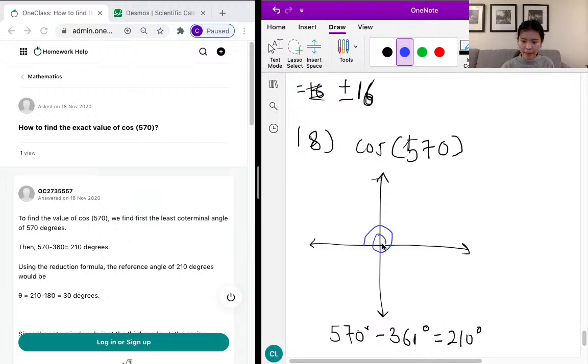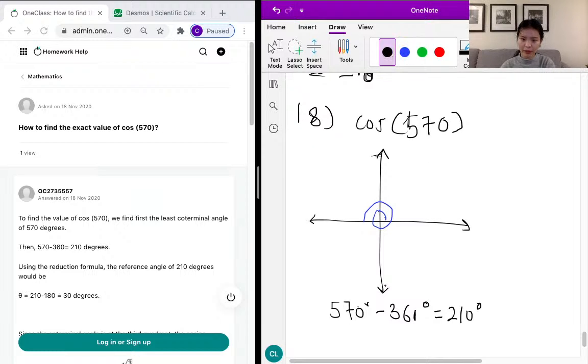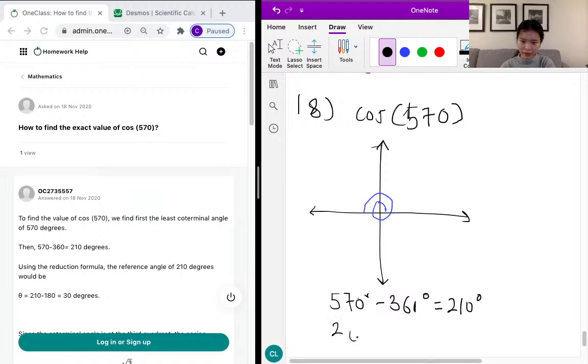So let's do 210 minus 180, because 180 is half of 360 degrees, and that would equal 30 degrees. Cool, so we went through half a circle, and then we went for another 30 degrees. Let's change our color to blue so that we can go for another 30 degrees. Okay, so we went another 30 degrees over here, and let's just draw the angle.